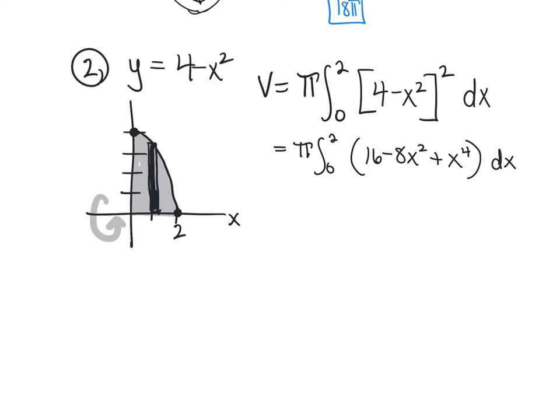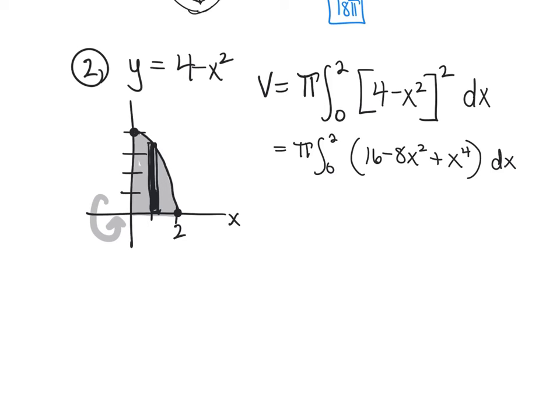All right, welcome back. It's still not done, but I did want to have this written out for you. So I have the volume as, I just put the pi out in front, my radius of every single cylinder will have a value of 4 minus x squared, depending on how far away we are from that y-axis. Obviously, the closer we are, the larger it is. The farther away, the closer we get to 2, the smaller the radius will be. Before I integrate, I'm going to FOIL that.